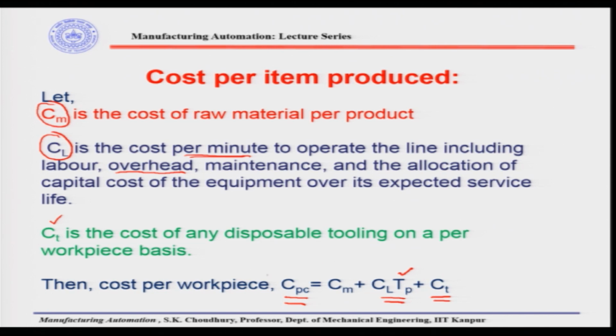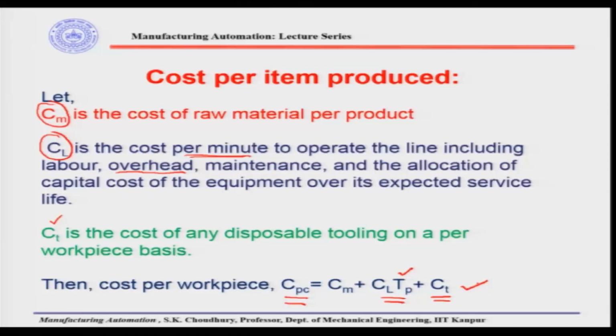So, all together CM plus CL into TP plus CT will give you the cost per workpiece. So, this is easy to find out: how much will be the cost per assembly or per piece which is being machined on the line.